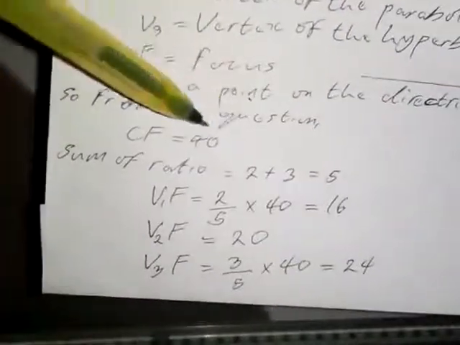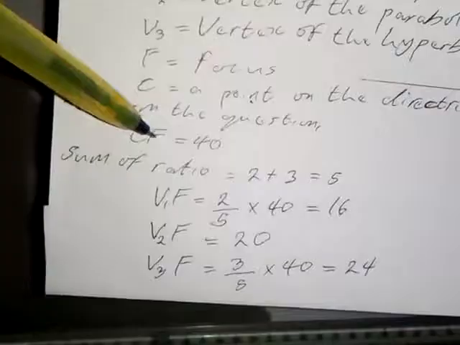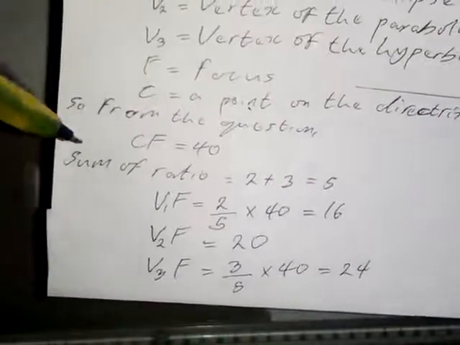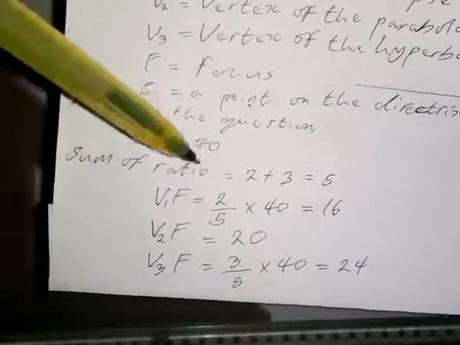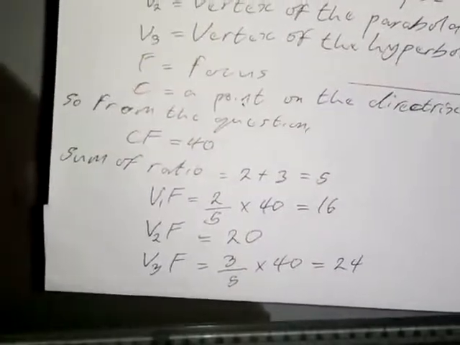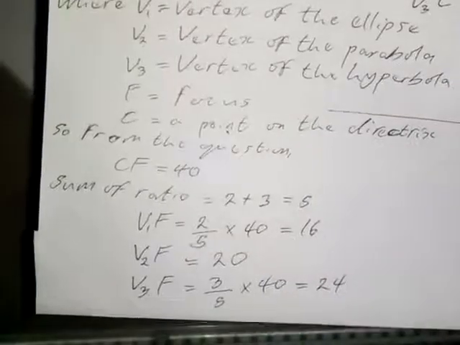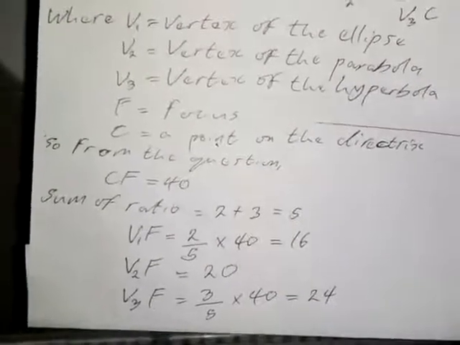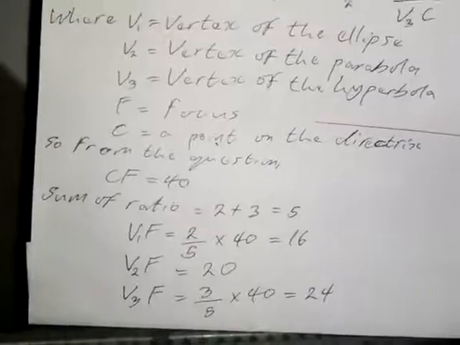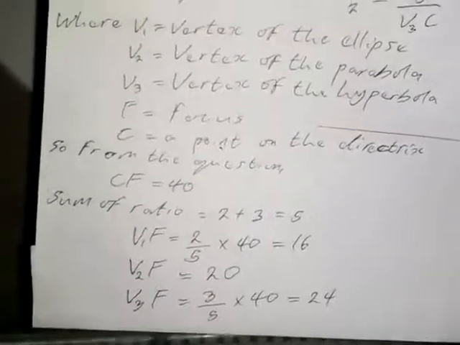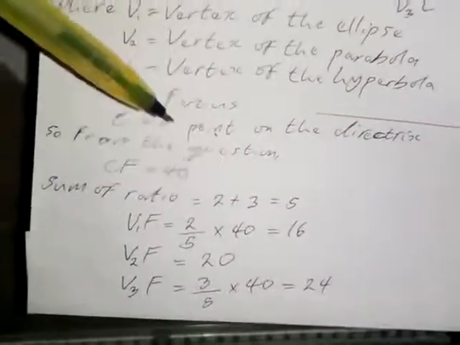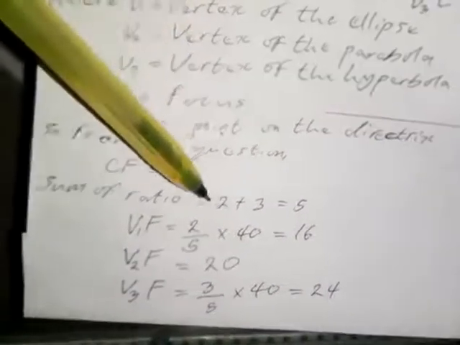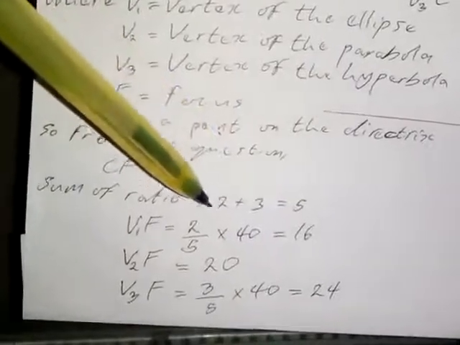Now, from the question, CF, that is the distance of the point on the directrix and the focus, is 40 millimeters. So based on what we are given, the eccentricity of the ellipse as 2/3 and that of the hyperbola as 3/2, I have to find the sum of the ratio because they are in the form of a ratio. So I have 2 plus 3, which gives me 5.